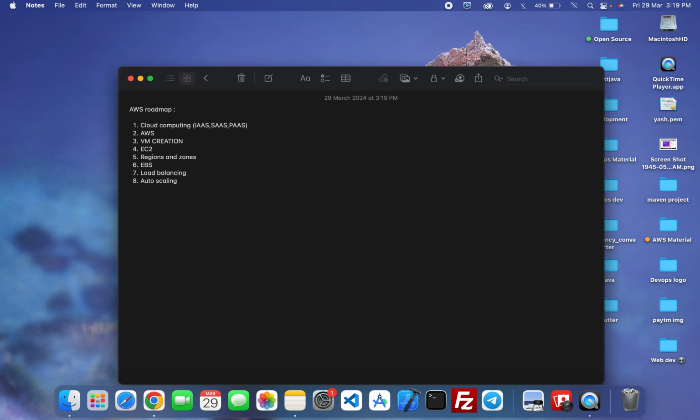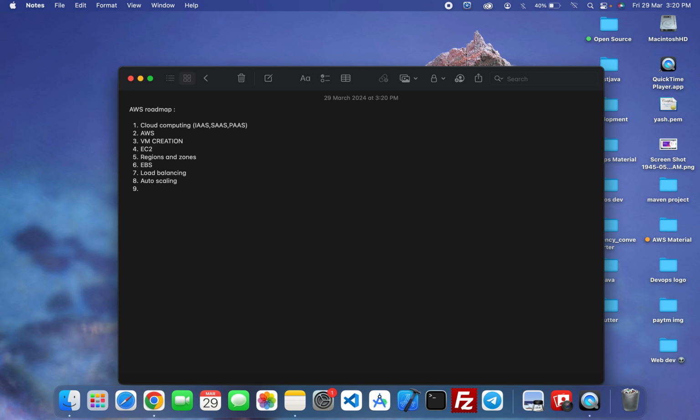There are two concepts: vertical scaling and horizontal scaling. We want to learn that as well, the advantages of auto scaling, and how to create a launch configuration. Okay, creation of launch configuration, different types of policies of auto scaling, and different types of components of auto scaling.